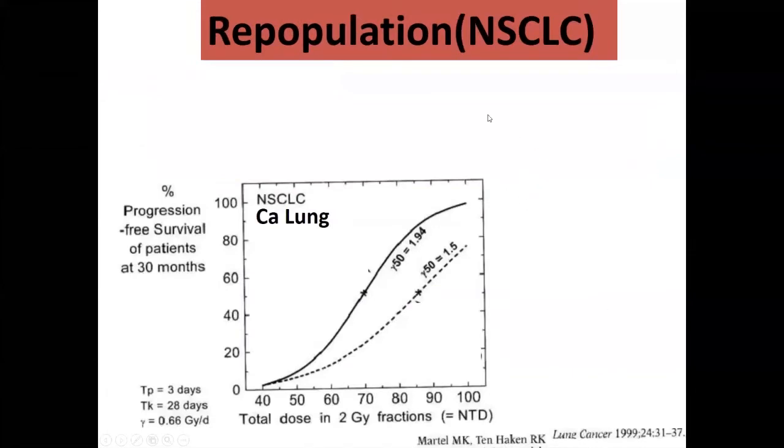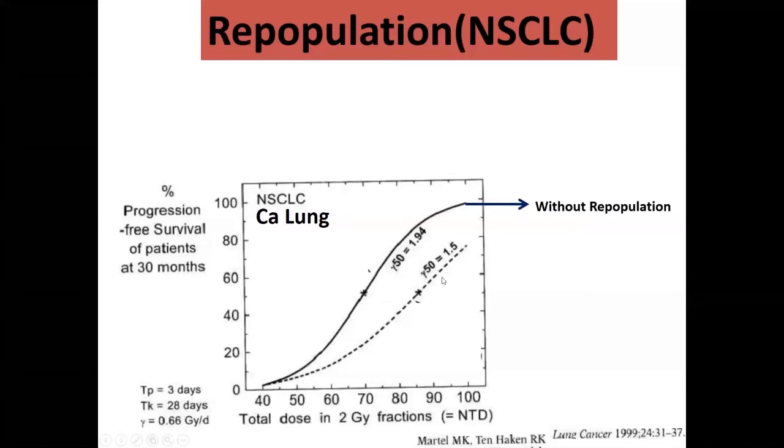Now let us discuss the third R, that is the repopulation. I have taken an example of non-small cell lung carcinoma. These two graphs show the tumor control probability of NSCLC. This graph belongs to when there is no accelerated repopulation during radiation.